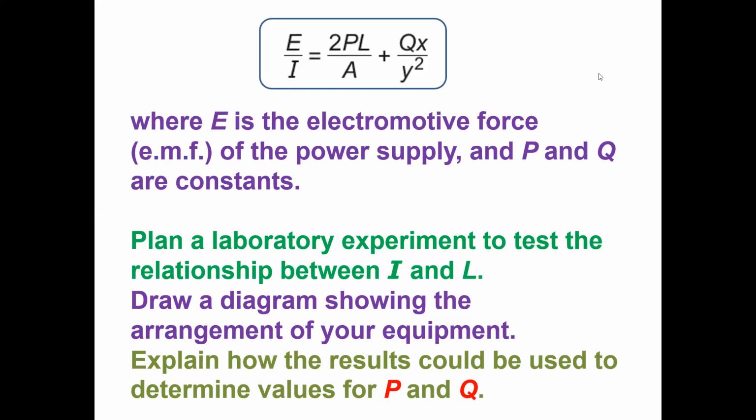This is not a memory formula. E is the electromotive force, EMF, of the power supply. P and Q are constants. Plan a laboratory experiment to test the relation between I and L. Draw a diagram. Explain how the results could be used to determine values for P and Q. Now read this again.